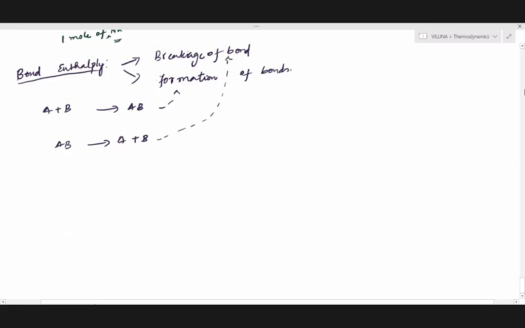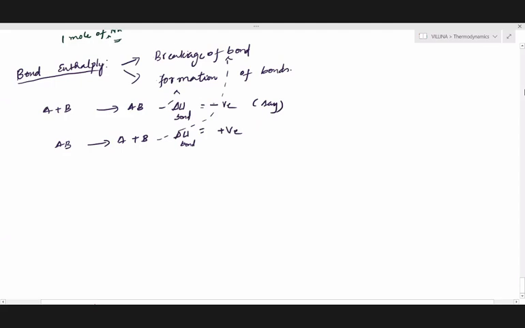In both cases, whatever enthalpy is associated will be treated as bond enthalpy, but the sign will be different. In one case it can be positive or negative depending on the type of reactants. If it is negative in one case, in the other it will be positive, because we are simply doing the reverse reaction.